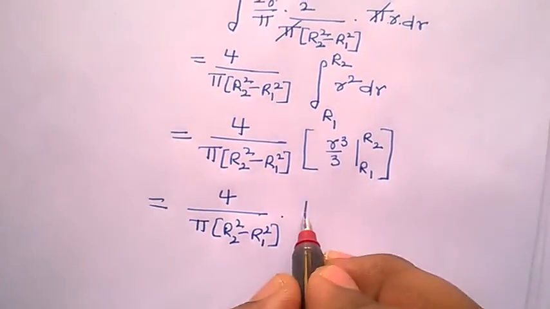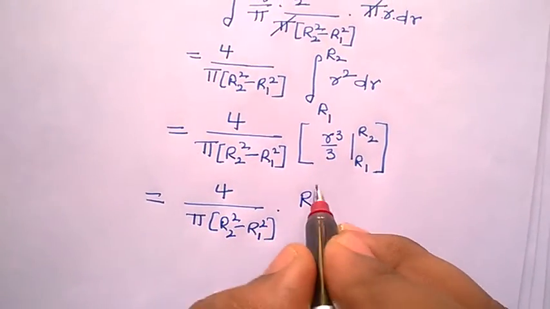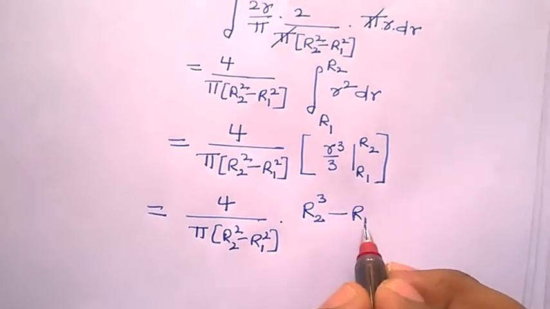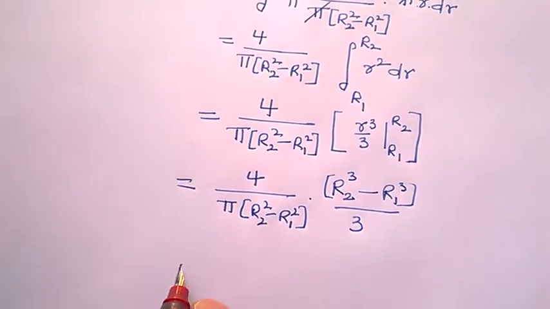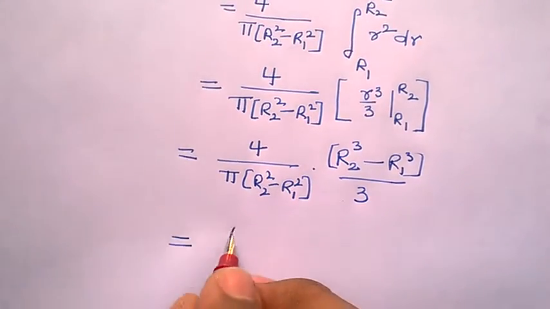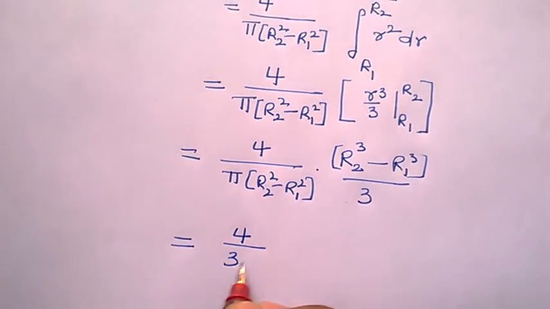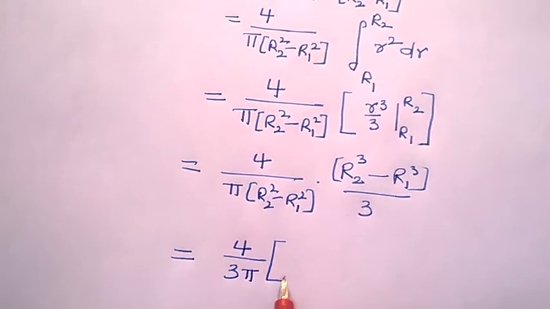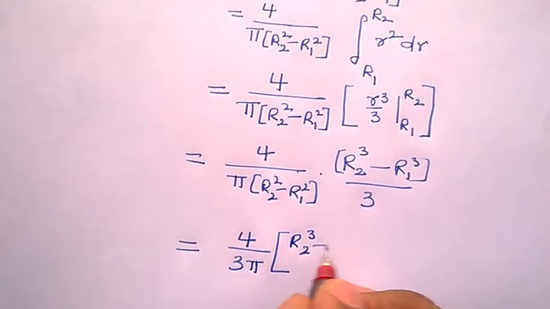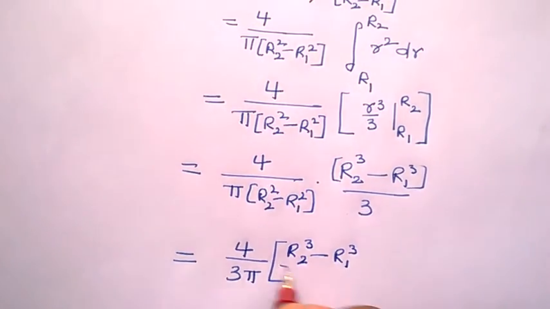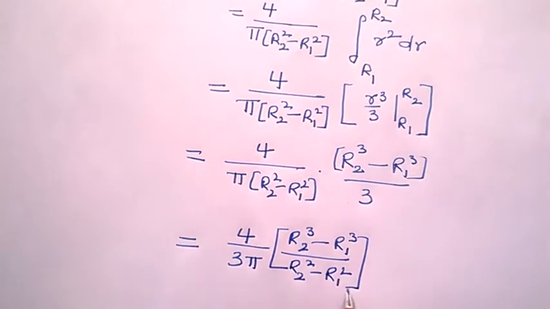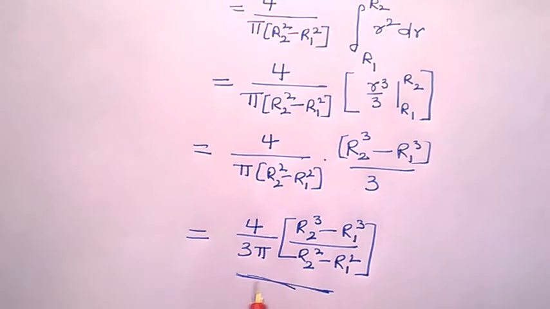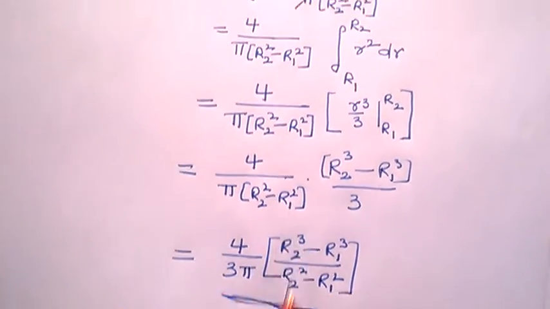So this is R2 cube minus R1 cube divided by 3. So the final answer would be 4 by 3 pi times R2 cube minus R1 cube divided by R2 square minus R1 square. So this is the final answer. So this is the center of mass of an annular half disk.